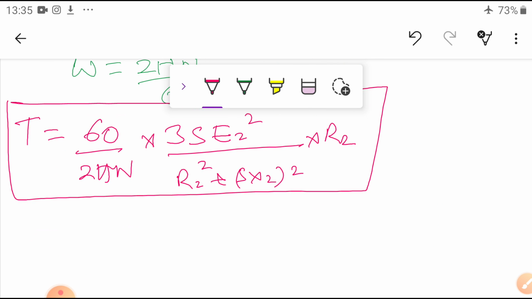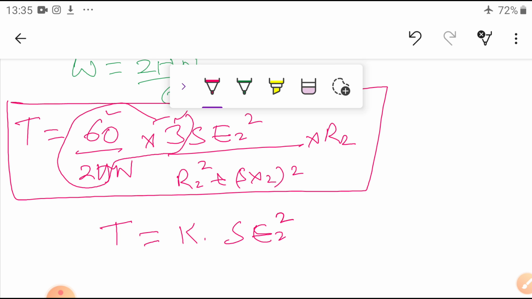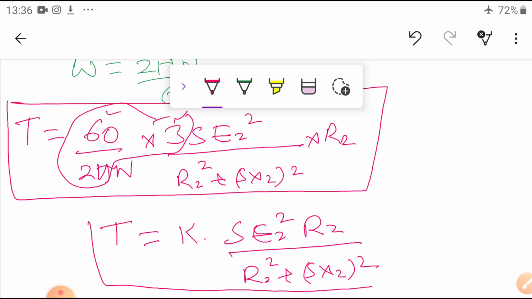For simplification, we know 2 pi ns by 60, so in terms of 6 into 3 we are going to multiply, and we get some value. I can write this value as some constant k. So T is equal to k into S E2 whole square R2 by R2 whole square plus Sx2 whole square.